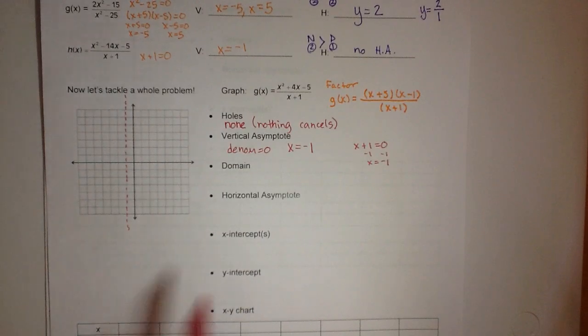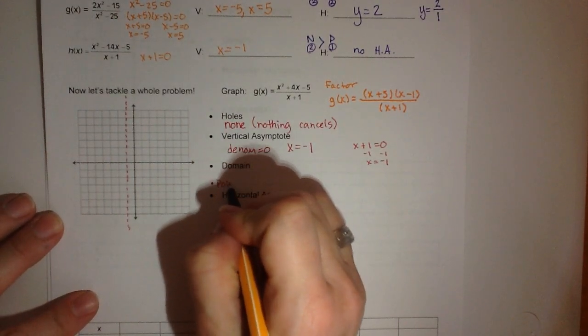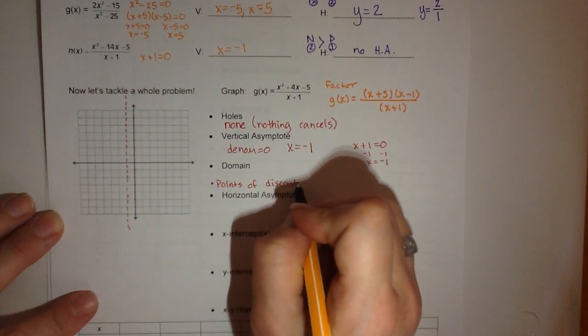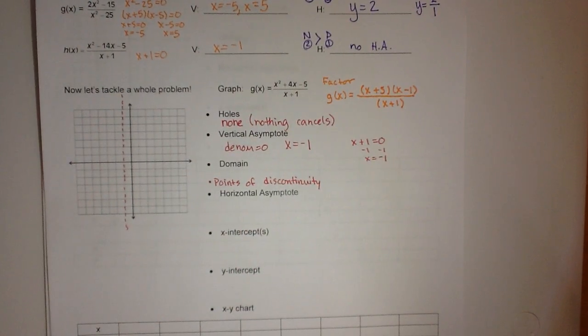When we talk about the domain and the points of discontinuity, that's not listed on here, points of discontinuity, so let's just add that, points of discontinuity. Now we talked about that at the same time we were talking about discontinuities with holes and vertical asymptotes.